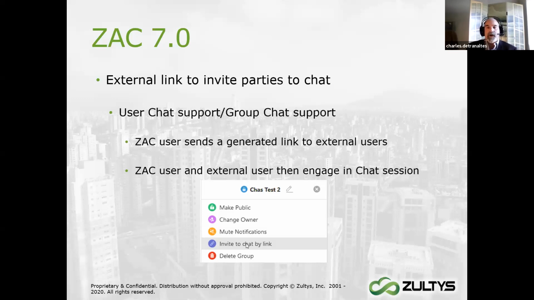It's simple, and this is part of our web RTC strategy and how we plan to leverage this type of technology. So you copy a link, you send it to an external user, they join your chat session. Now both internal MX users as well as an external user are now part of a chat session.